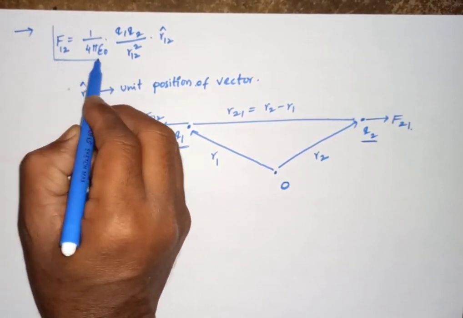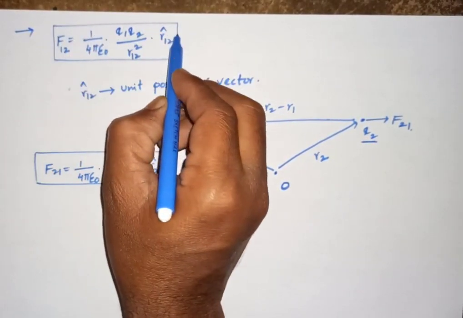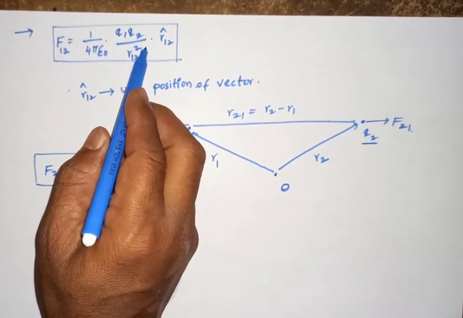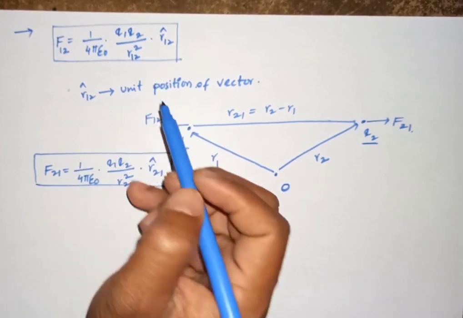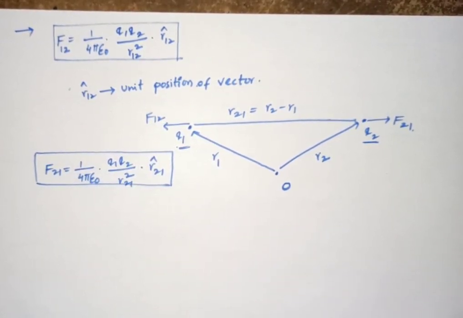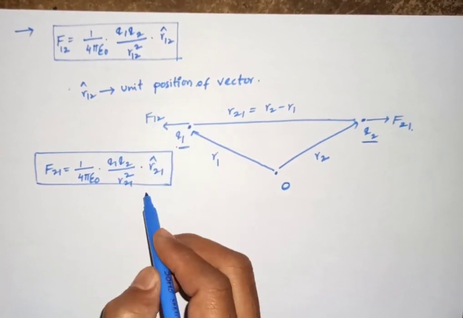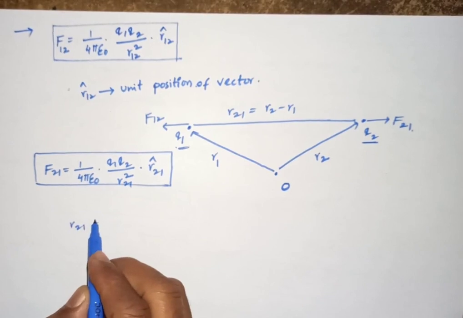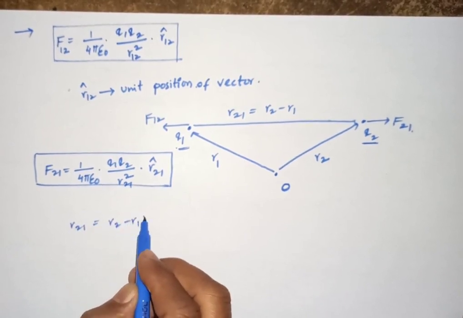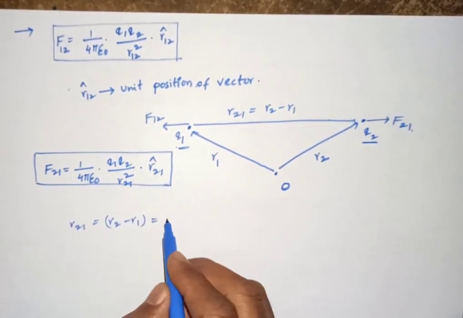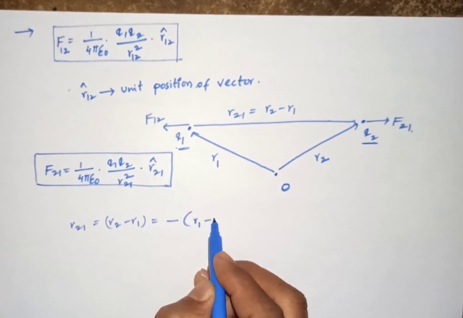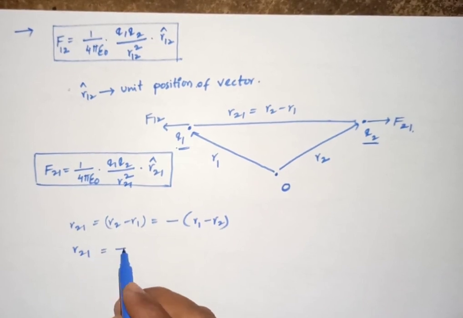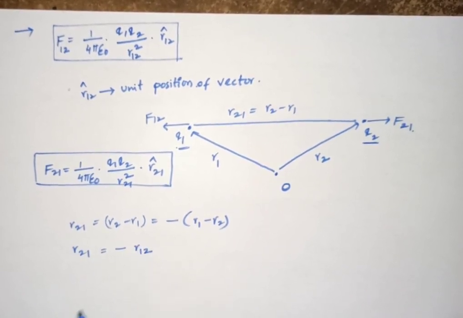So the force F12 equals 1 by 4 pi epsilon naught q1 q2 by r12 square into r12 cap. Then the force is opposite here. r21 equals r2 minus r1, so it equals minus of r1 minus r2, so r21 equals minus of r12.